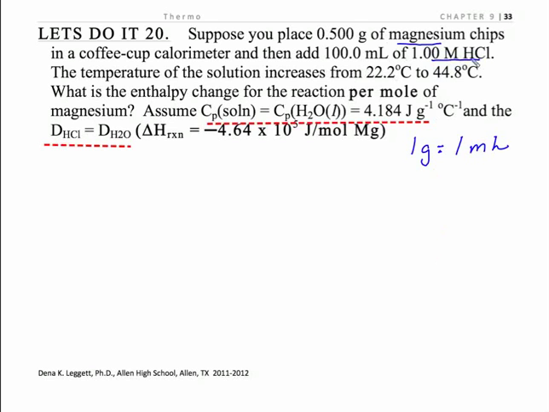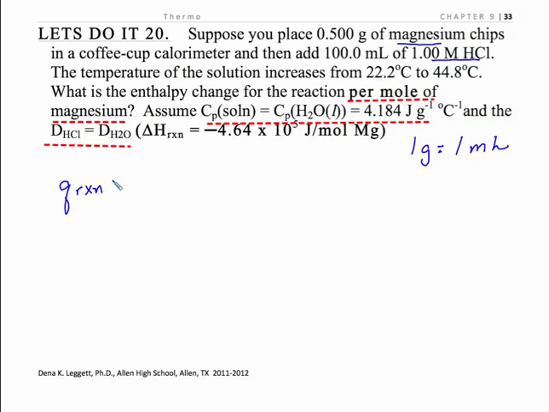Now, some of you are going to want to take this 100 mLs and try to find the moles of HCl, but the problem doesn't ask us anything about per mole of HCl. The problem asks us to determine this per mole of magnesium. So we don't have to worry about the moles of HCl at all.